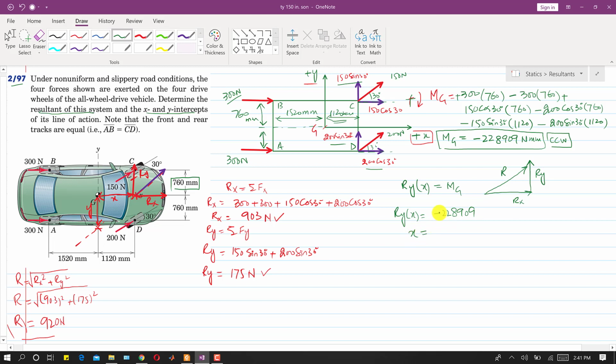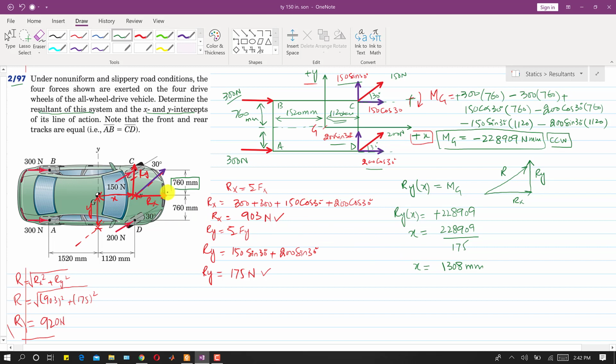This will give us the x-intercept. I will take the magnitude, so it will be positive. So 228,909 divided by Ry, and Ry is 175. This will give us the x value in mm. So x comes out to be 1308 mm. So this will be the x-intercept.